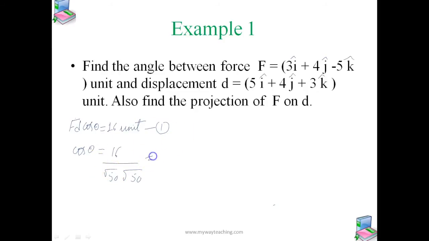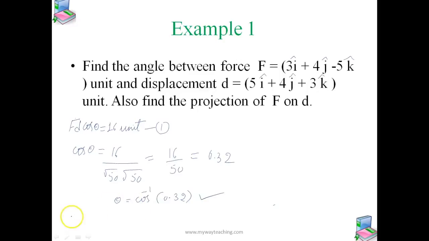That gives 16 by 50, that is 0.32, and the value of theta is cos inverse of 0.32. So this is the answer.